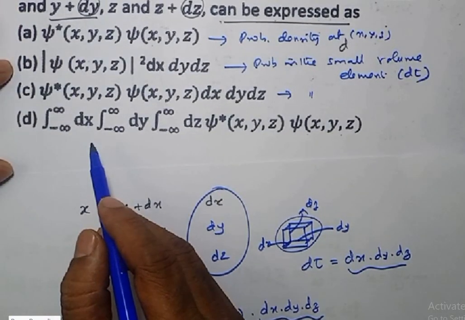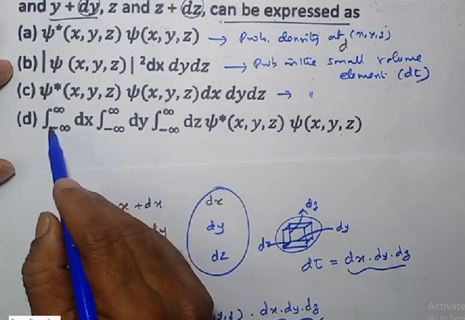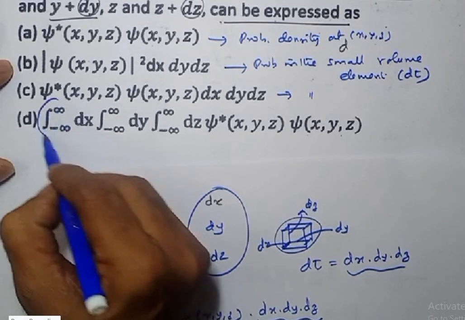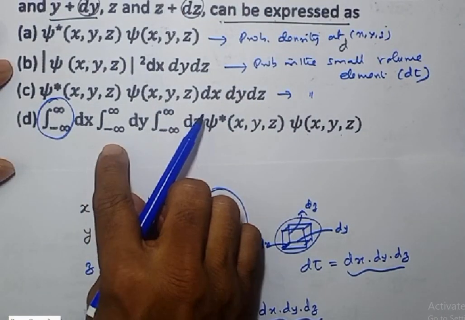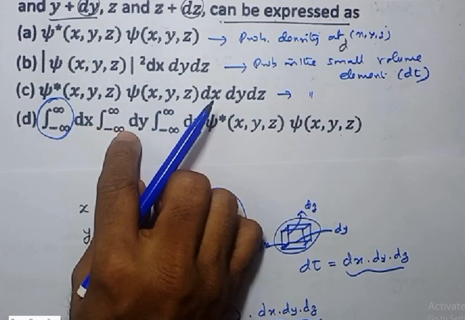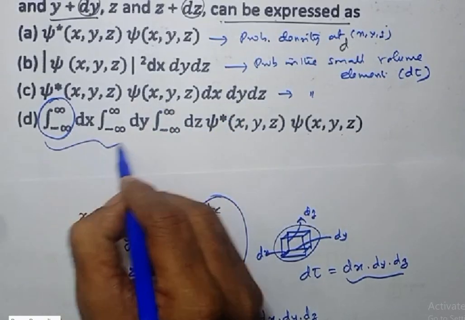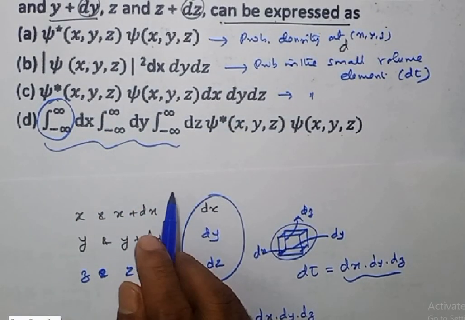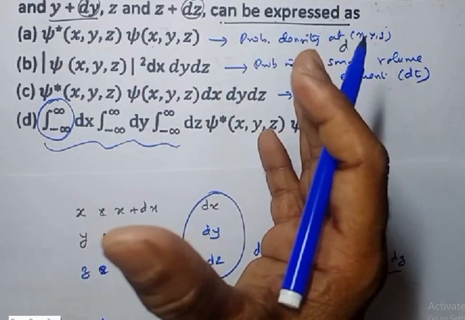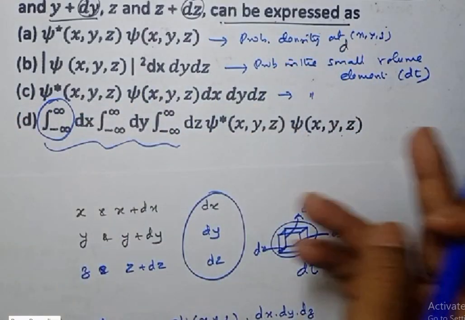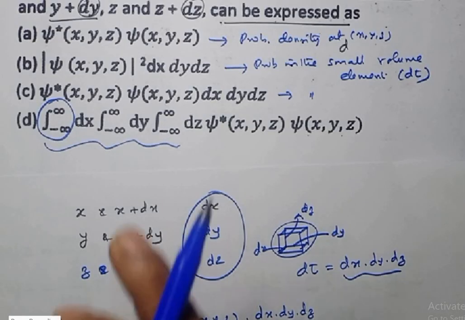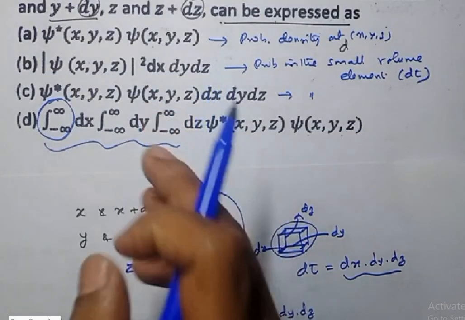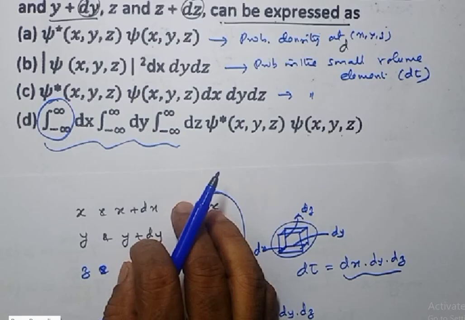In the fourth one, they are integrating from minus infinity to plus infinity along dx, then dy, then dz. This will give you total probability of finding the particle from minus infinity to plus infinity along the x-axis, the y-axis, and the z-axis.